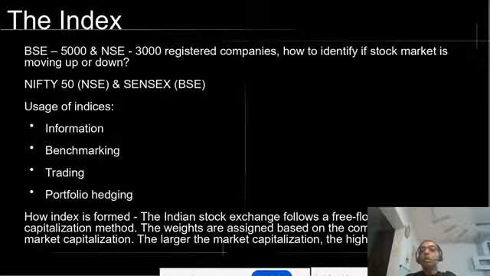Bigger HNI clients, or high net worth individuals who have a very large portfolio of multiple crores, usually hedge their portfolio using the indices. Again, it comes in futures and options, so I will cover what exactly hedging is, how people do portfolio hedging, and how people trade the futures and options segments in the upcoming slides. But keep in mind that these are the benefits or usage of these indices.